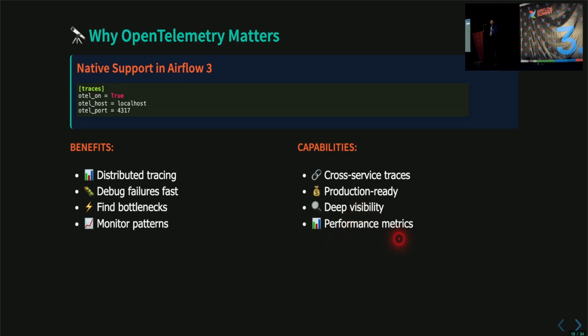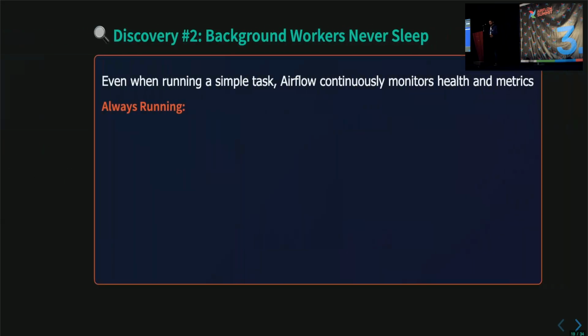You can also get some very good performance metrics, right? If one specific core process from Airflow is running late, you could do something about it in production as well. So it seems like no more blind debugging. The power is with us. It's up to us how we want to use it.